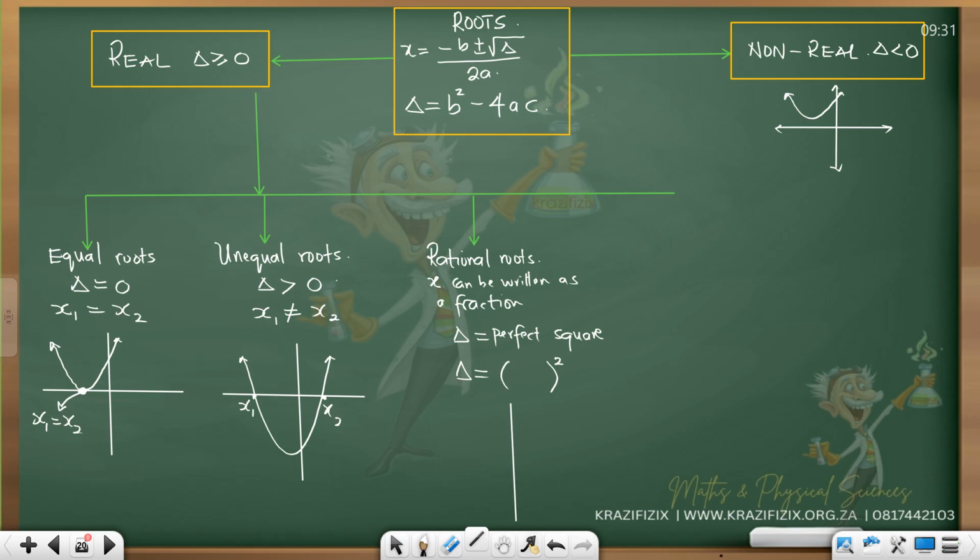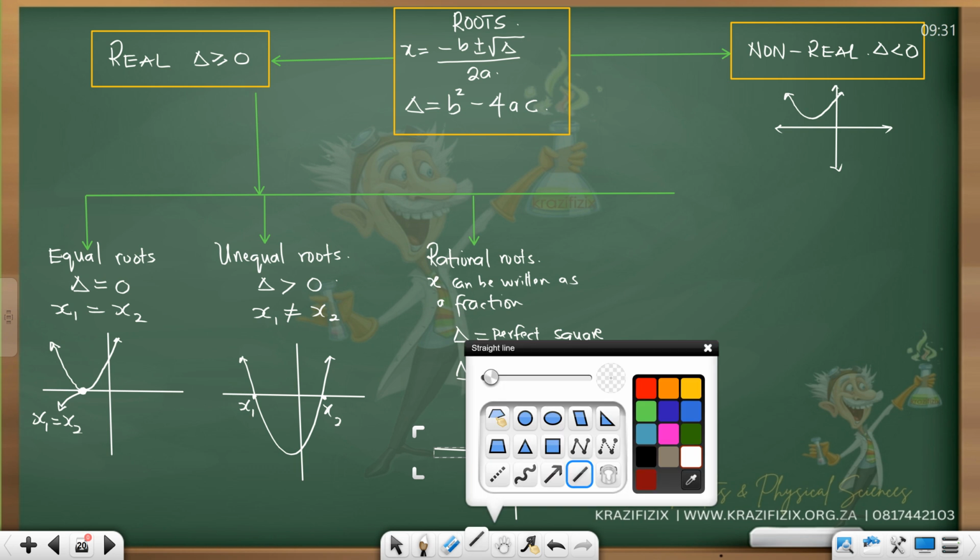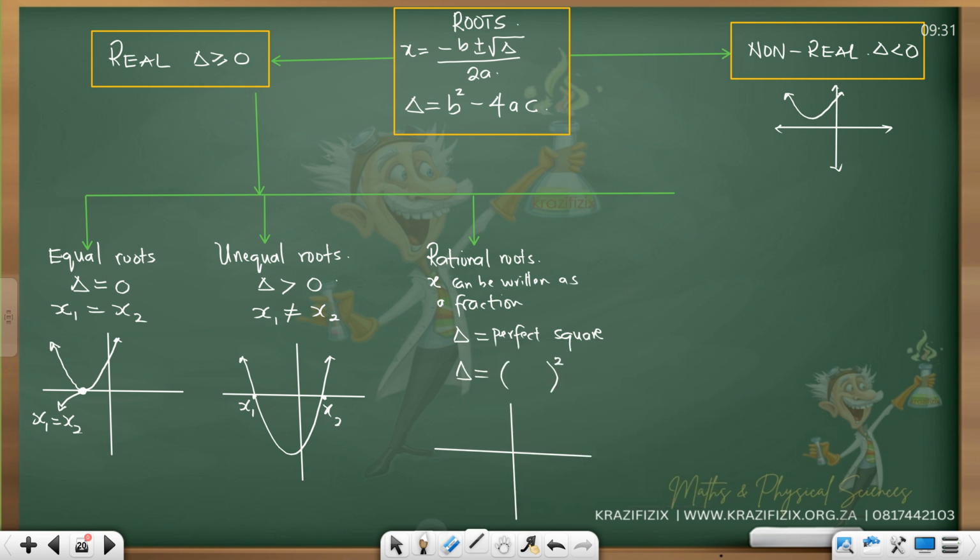If that happens, yes, my graphs are real, my roots are real, but it doesn't mean that I'll have 1. I will have 2, but these values can be written as fractions. I'll show you that example that we did.